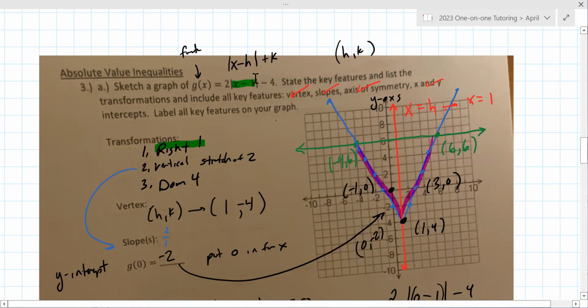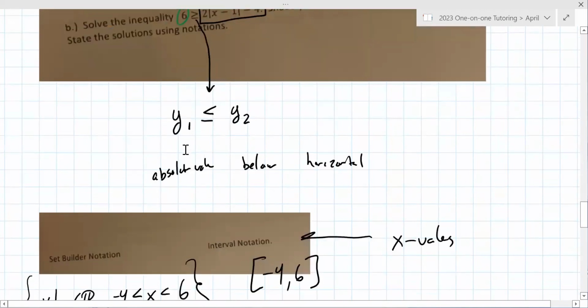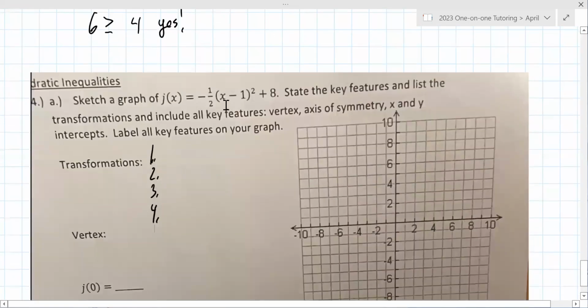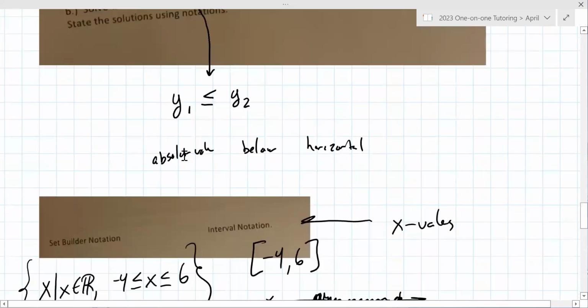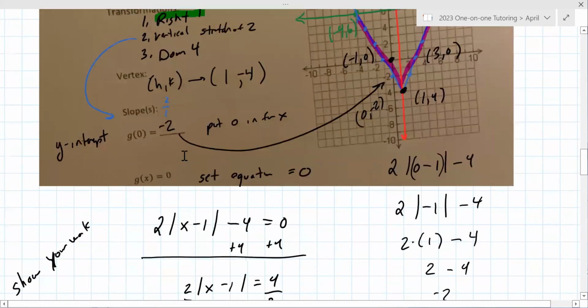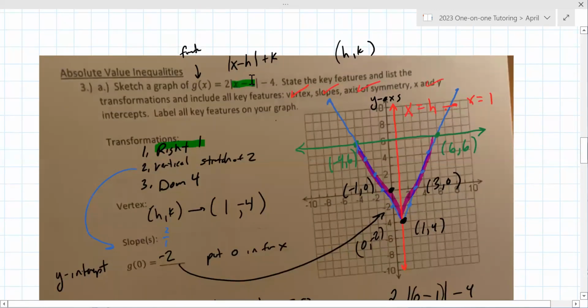So by reasonable logic, if it were +1, it would be left 1. Would that make sense? Okay, now let's go look at yours down here. What do you have to say here? Is it right or left 1? Left. Okay, but this one was right 1. So it'd be right. Yeah.